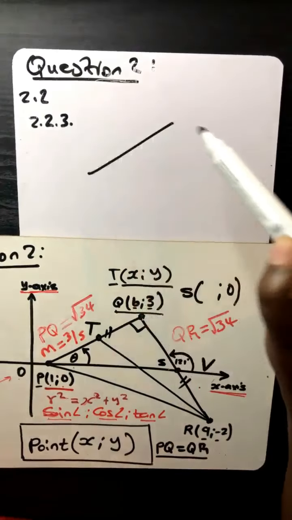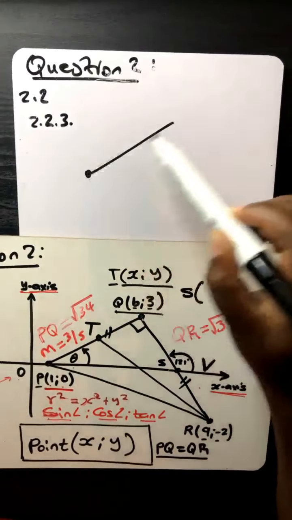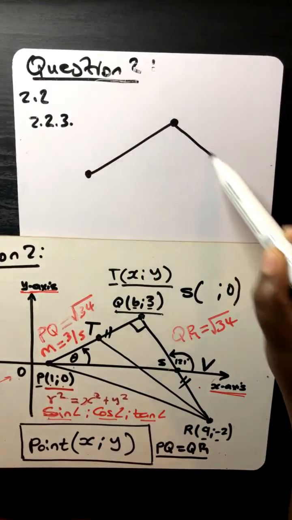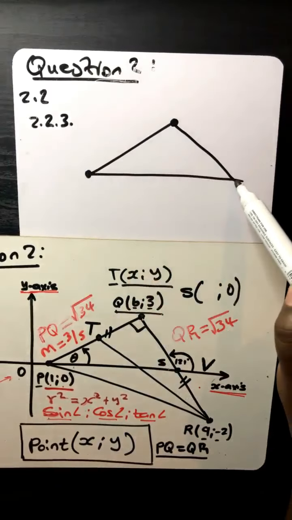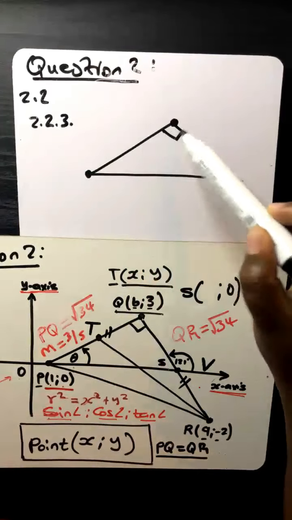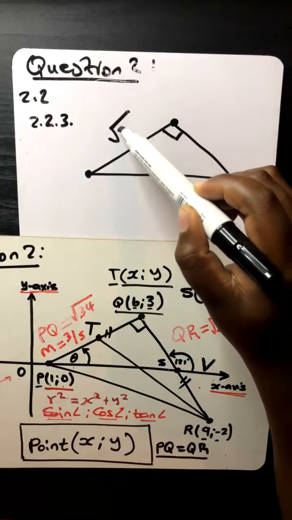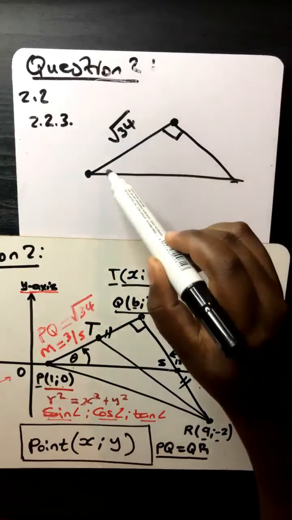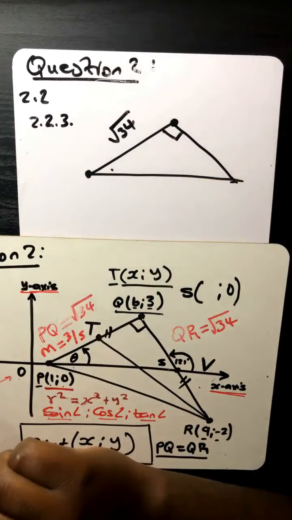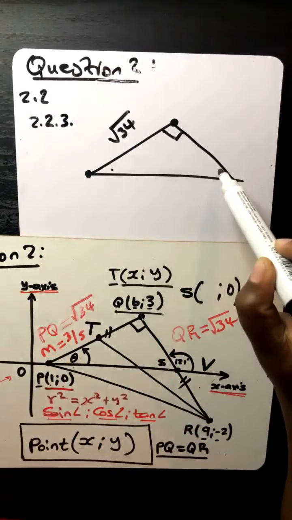Remember, we have P over there, and we have Q over there, and we also have that. So we know this is a 90-degree angle. We know, good people, this is the square root of 34. We know that angle. Or otherwise, we know that angle.